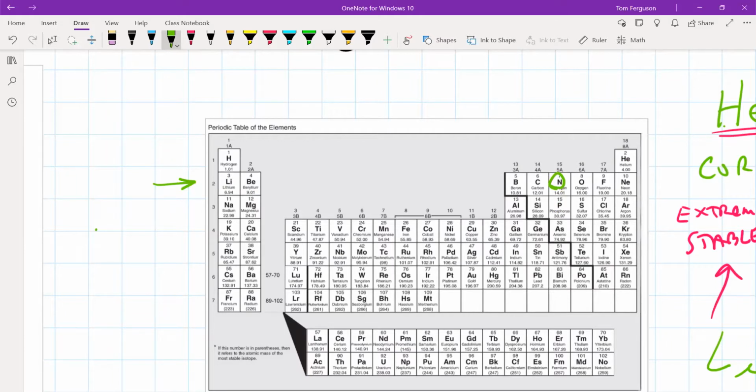Shell 1, because it's below shell 2, are the core electrons.